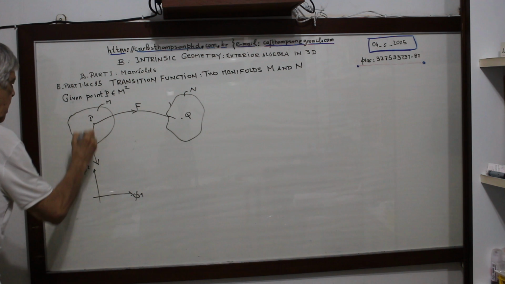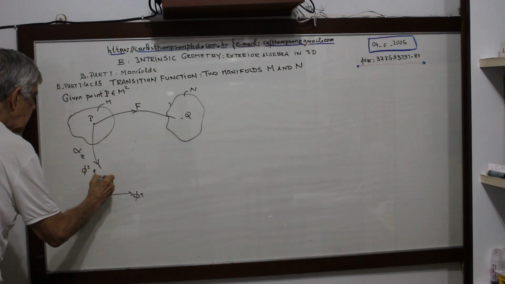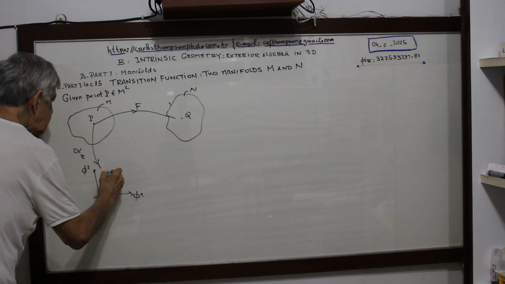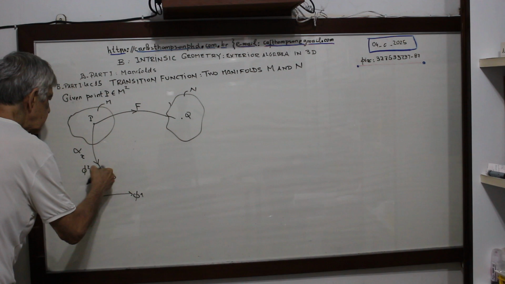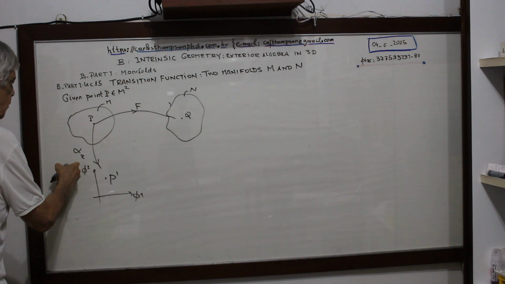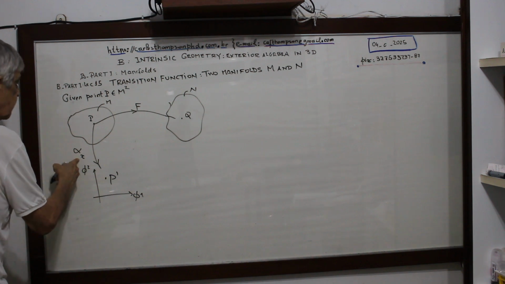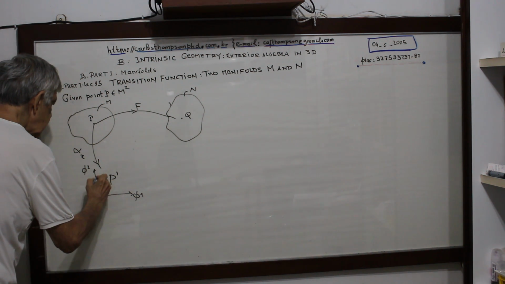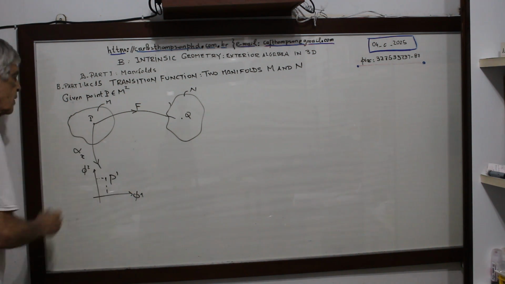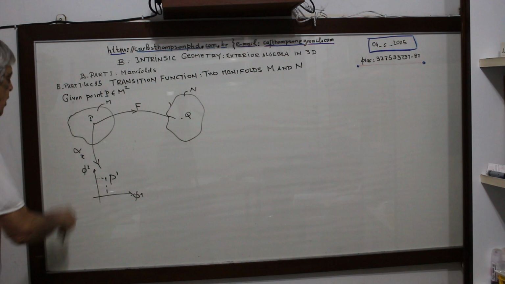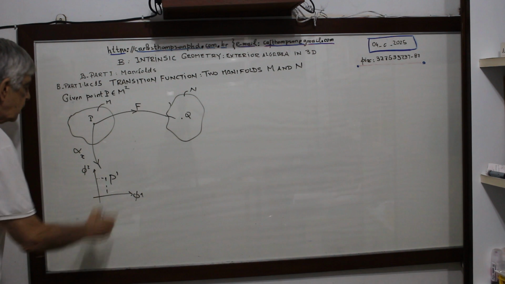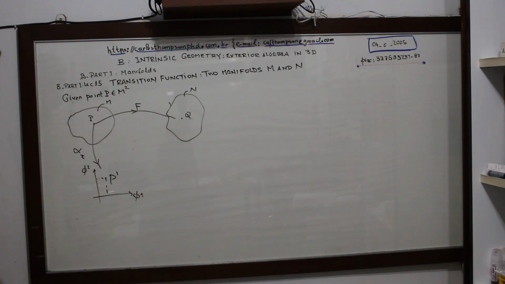Then I map this point over here, I'll call this P prime. So I map with alpha x as a linear mapping. Then I have to mark the point P prime. So P prime is a consequence also. Given alpha x, I apply it to point P and I get this over here.